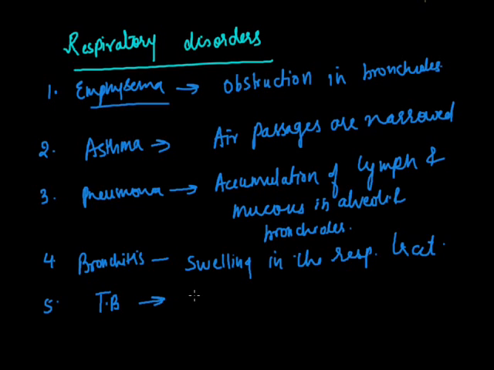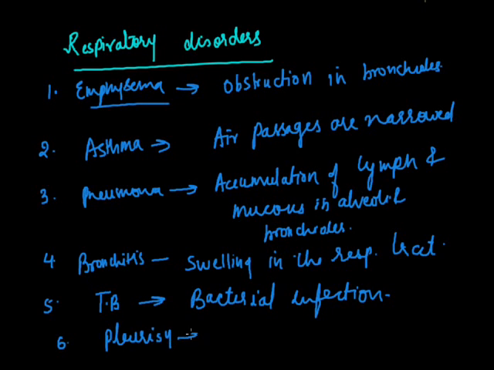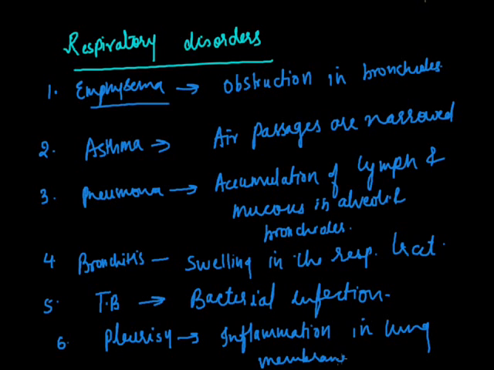In tuberculosis, there is a bacterial infection seen in the lungs. The last important disease is pleurisy. In pleurisy, there is inflammation of the lung membrane, and that membrane is called the pleura.